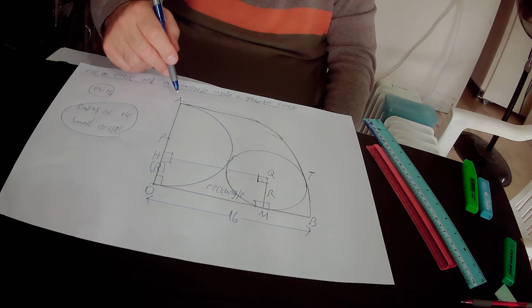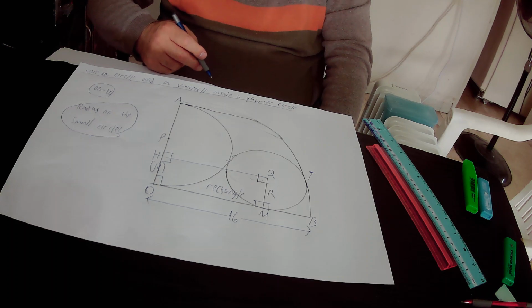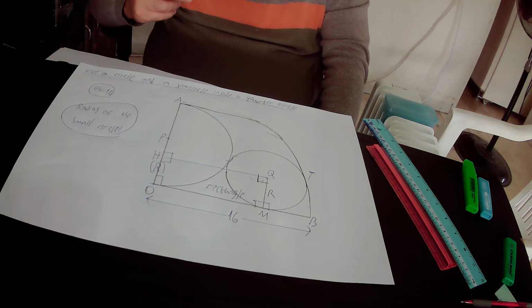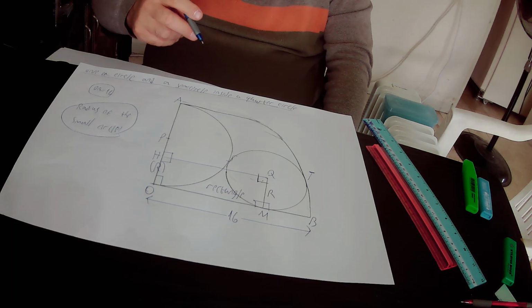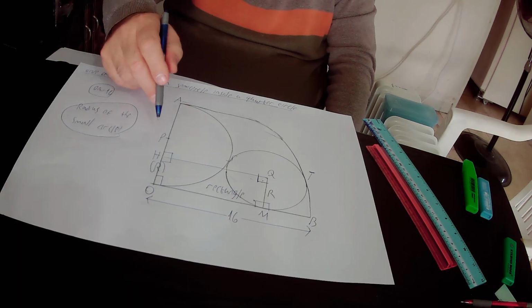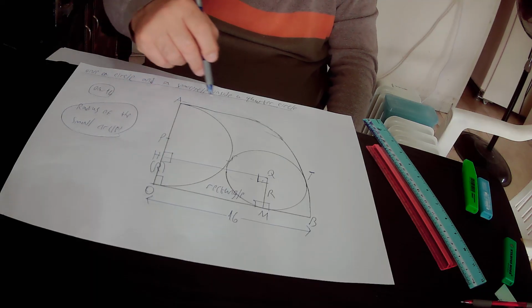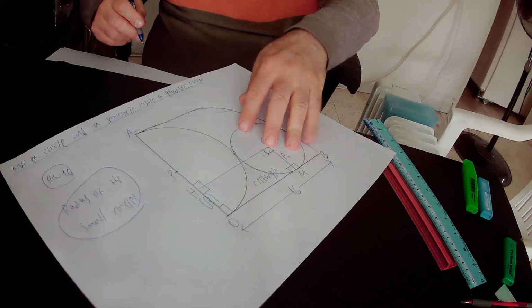So the diameter of this semicircle AO equals 16 units in its length. And therefore, the radius of the semicircle must be equal to half of it. That is to say, the radius must be equal to 16 over 2, that is 8. So the radius AP of this semicircle equals 8 units in its length.